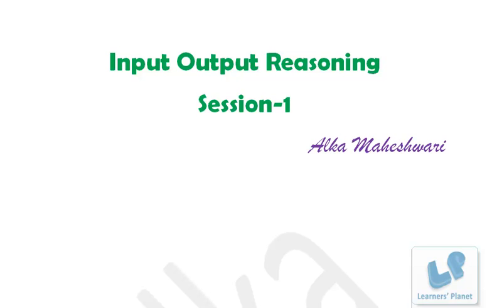There is no shortcut available for input and output because there is no fixed pattern. The good thing over here is that based on this particular comprehension or input output steps, 4 to 5 questions are there. So if you are able to crack the relationship between input and output, then all the 4 to 5 questions can be solved in a very small amount of time.